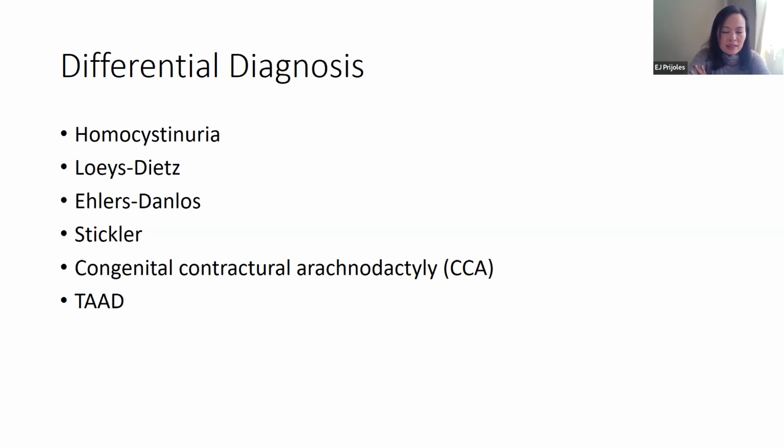So depending on characteristic features or physical features you see, family history, there may be additional genetic testing if FBN1 analysis was normal, if there is increased suspicion for an underlying genetic condition.